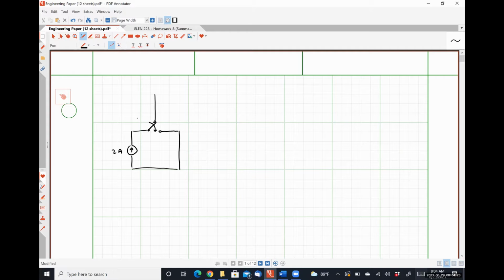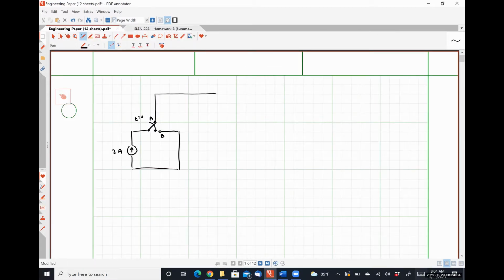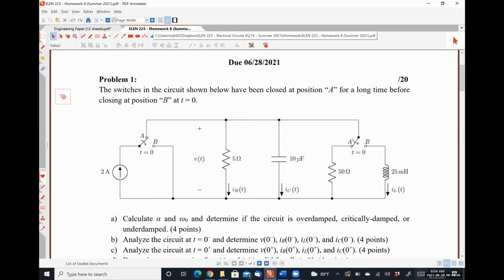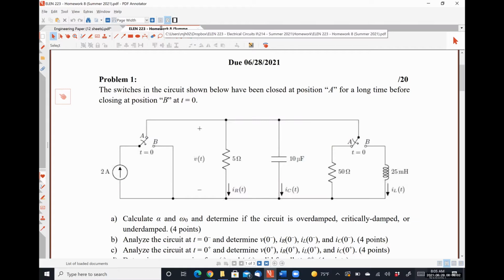This guy is closing at t equal to 0, so it's moving from position A down here to position B. Then I have a 5 ohm resistor, 10 microfarad capacitor, 50 and 25.